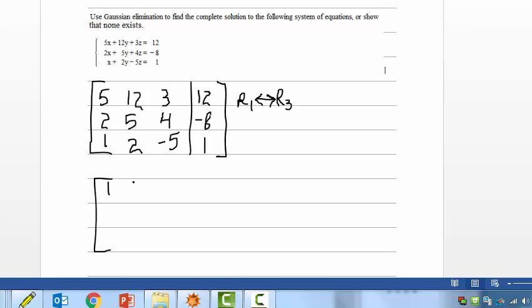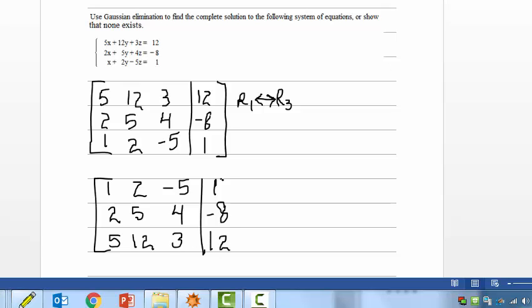And the reason I'm doing that is because that already has a 1 in the first row, first column position. I may not keep that 1, but it makes it really easy for me to have a 1 in that anchor row as I begin this process of elimination.